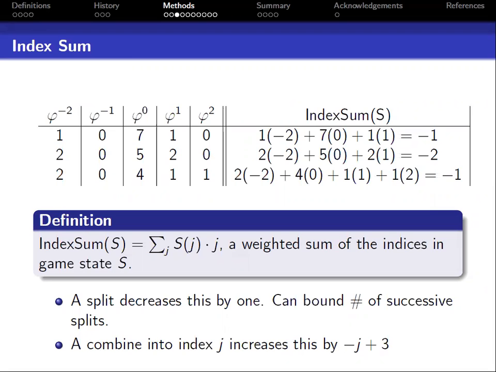A split decreases this by 1, which is simple algebra, and you can bound the number of successive splits so long as you can bound this index sum itself, which is a little bit different. And combining at index j actually increases this by negative j plus 3. So now you can wonder how you are going to bound the number of top and bottom.